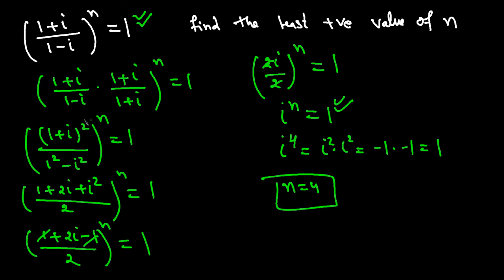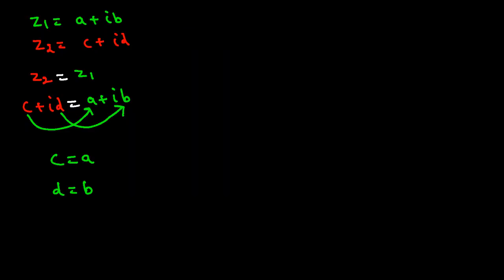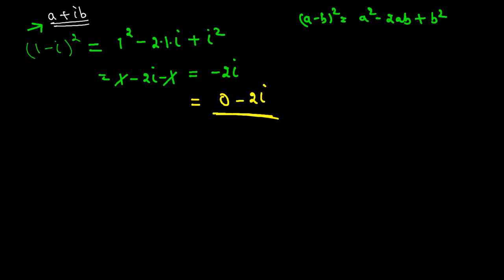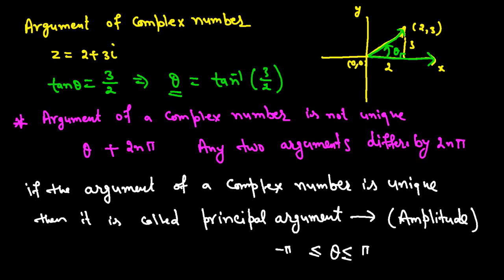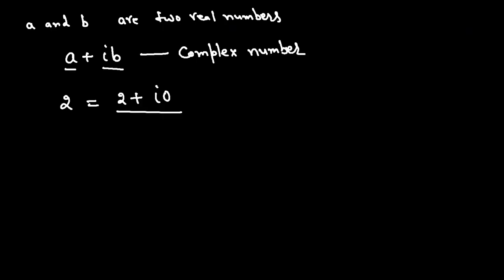But the motive of this video is to go over the basics of complex number, like some rules, some topics. They might ask questions like conjugate, argument, modulus, or multiplicative inverse. So that's how you can solve these kind of questions.